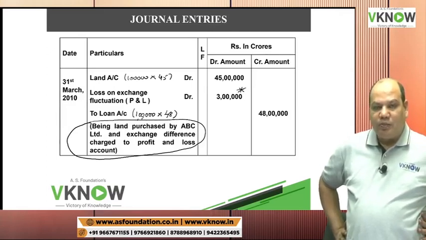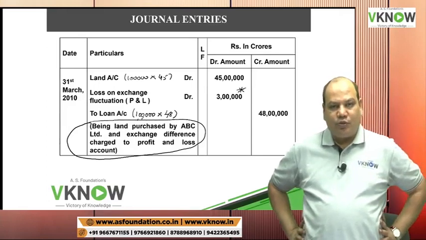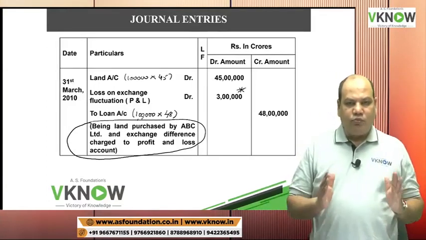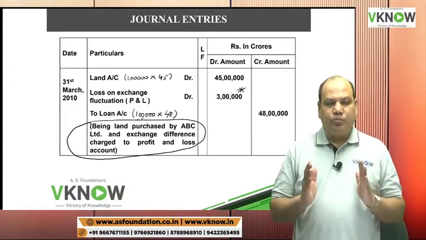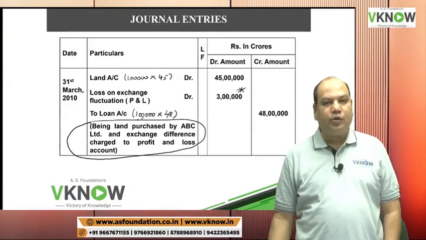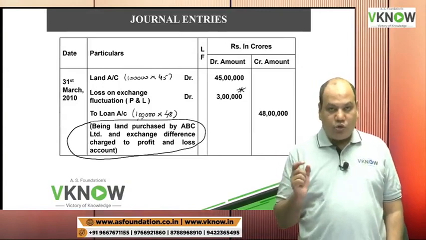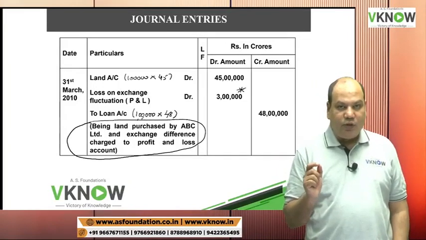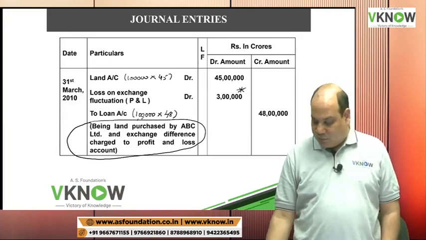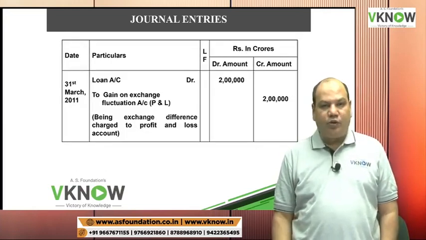Remember, integral operation is like the reporting enterprise only. So exchange difference right now we will transfer to P&L account, because right now the classification is integral. Integral is as if it is the reporting enterprise only.